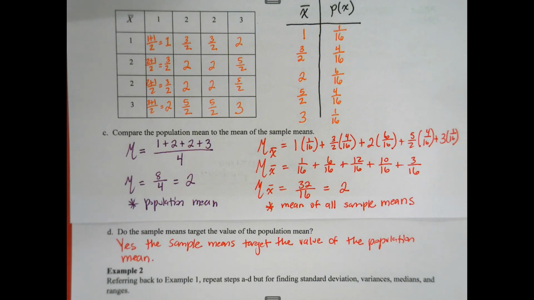We will talk about other statistics, whether or not they are targets for the population or not. Some of them are unbiased, and then some of them are biased estimators. And we will have to fix those biased estimators in order to use them to talk about our population.